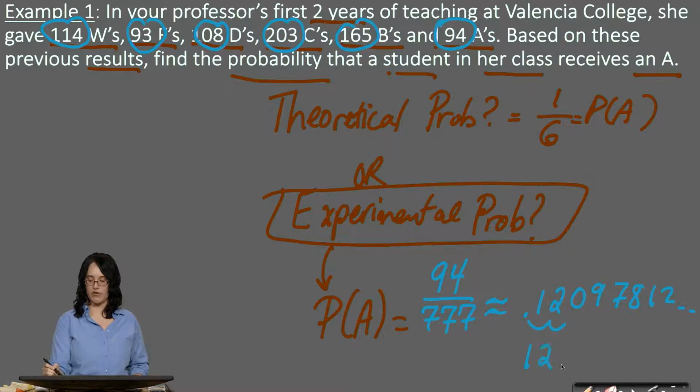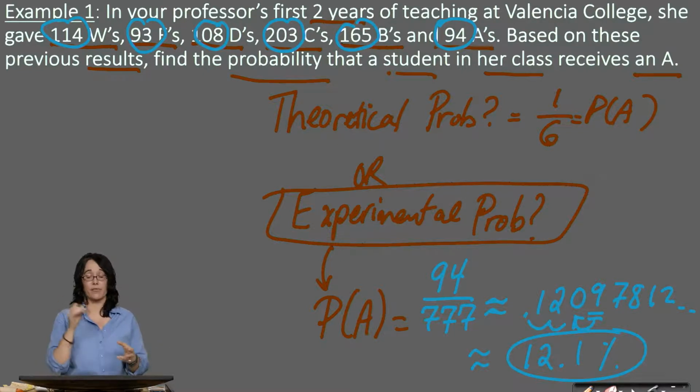So you'd be talking about 12 point something %, and then the 9 is bigger than 5, so we round the number above. So that would be 12.1% roughly. So more than 12% chance of getting an A, right? And then you could compare that. Is that better than the theoretical likelihood if she just picked a letter grade out of a hat?